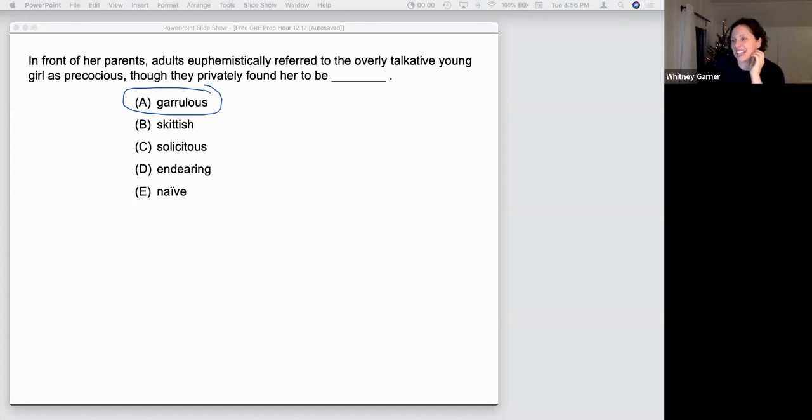Yeah, exactly. This is like polite. So we're going to say that the parents politely referred to her. Oh, okay. So they were being kind to the overly talkative young girl as precocious. What is precocious? What does precocious mean?